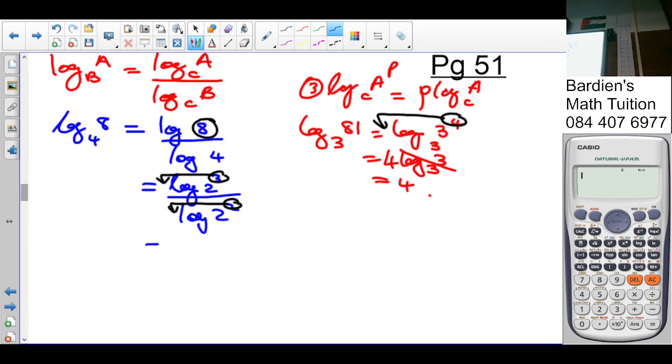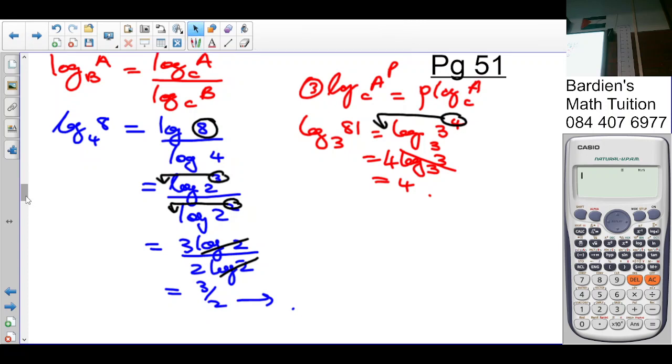So what will this be now? 3 log 2 over 2 log 2. So what's going to happen now? The log 2's cancel. So the answer is 3 over 2. Okay, any confusion? Alright.